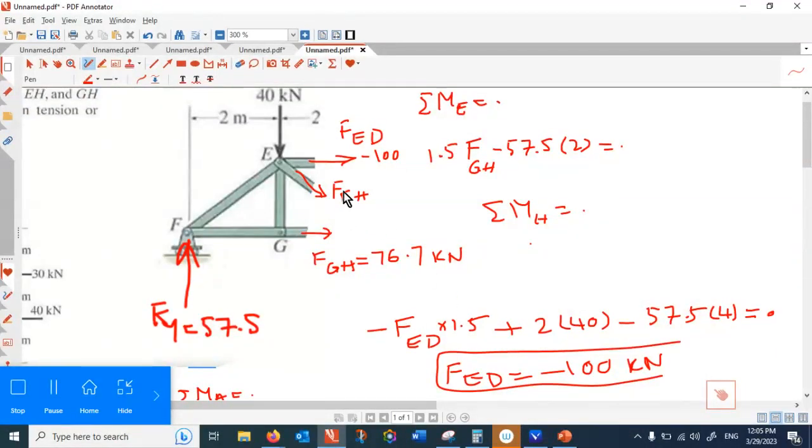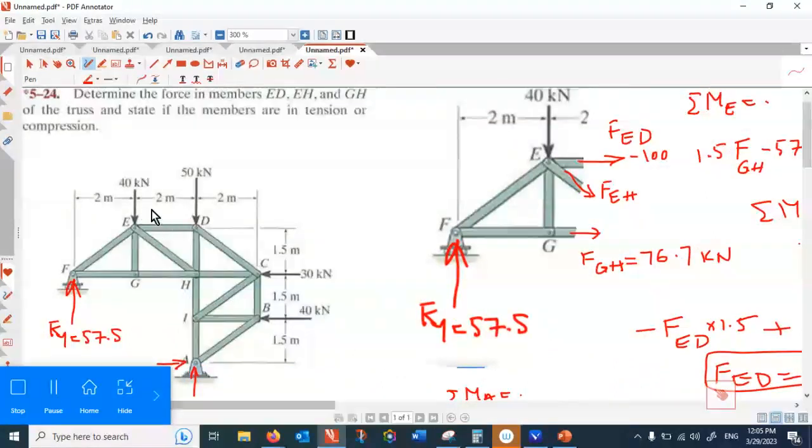And finally, FEH, we can find that by just, I need to know that angle. Or this angle.